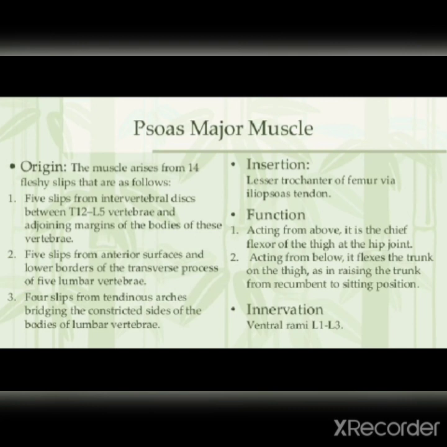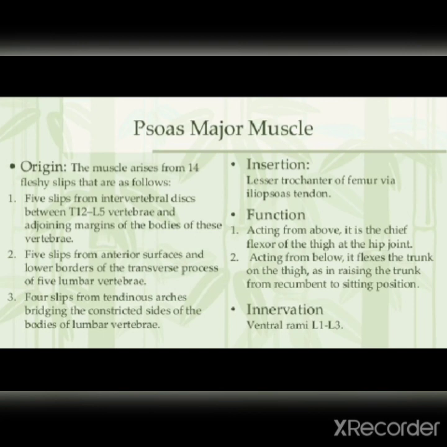Next, 5 slips from the anterior surface and lower borders of the transverse processes of the 5 lumbar vertebrae.